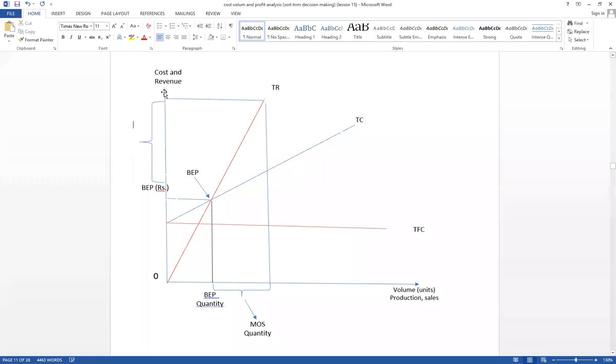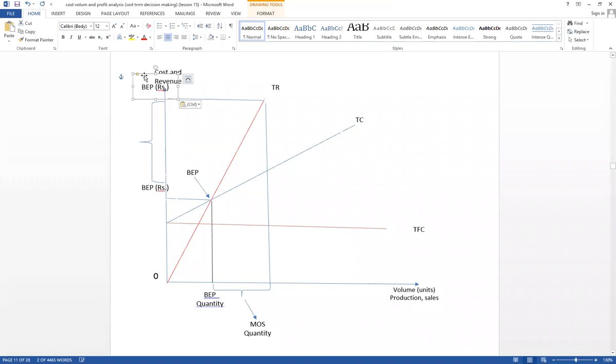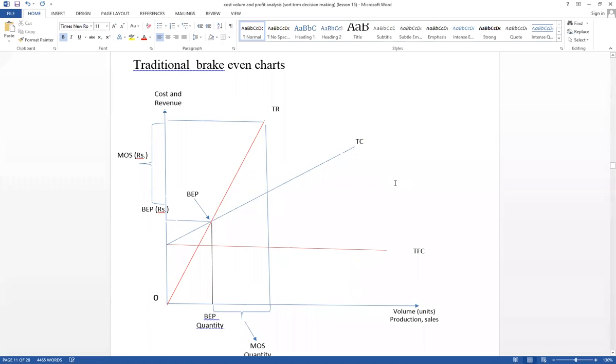Therefore, here available margin of safety value, think about how to draw traditional break-even point charts. Margin of safety rupee value, MOS. This is the way you have to draw traditional break-even point charts.